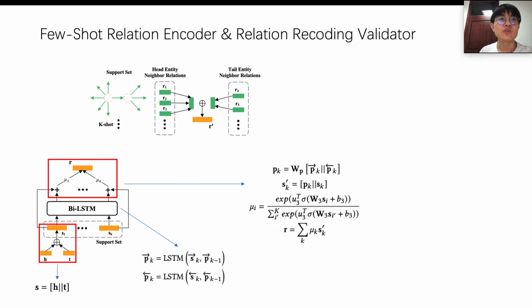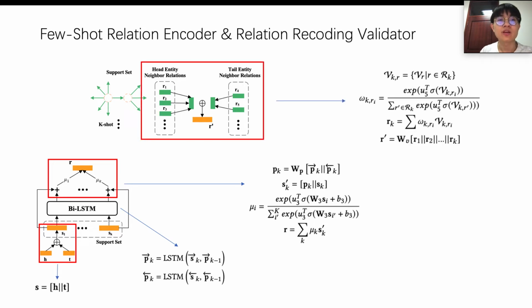In order to reduce overdependence between relations and entities, and to further verify the effectiveness of BiLSTM for encoding relations, we introduce a second way to obtain their representation, using the neighbor relations of the support set to encode the current relations.